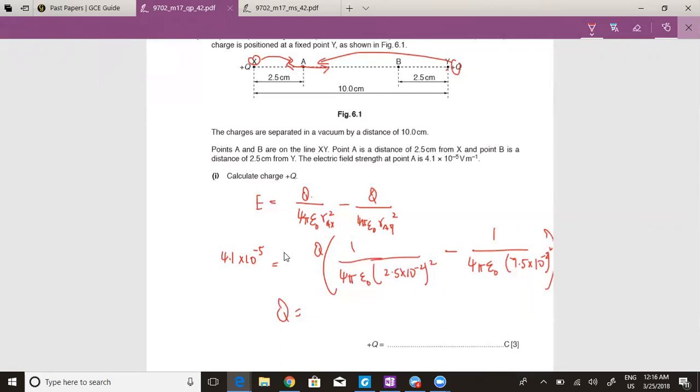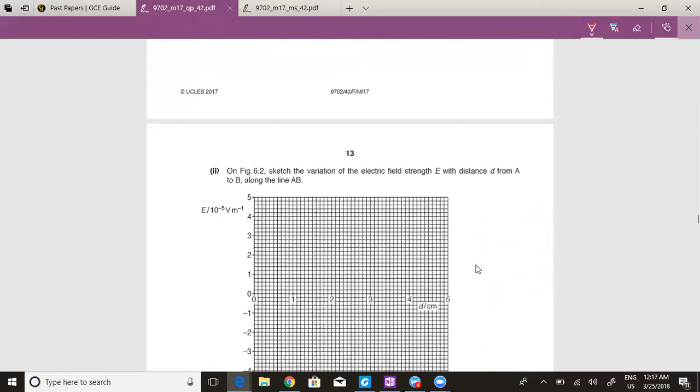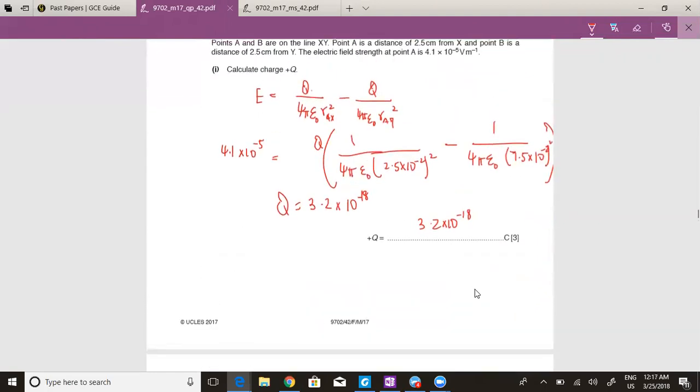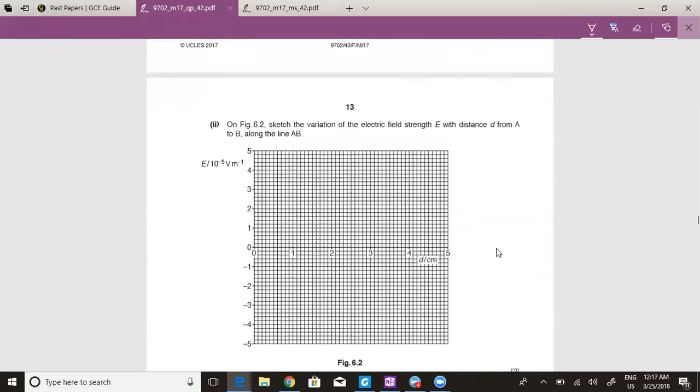What's the answer? The answer is 3.2 into 10 to the minus 18, which is basically 20 electrons worth of charge. This is in coulombs.